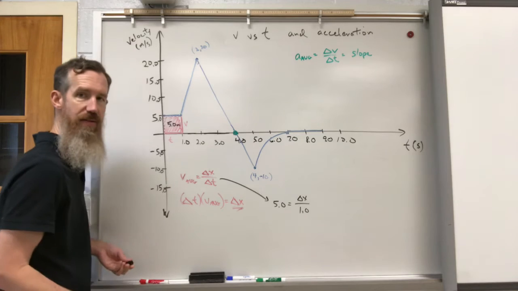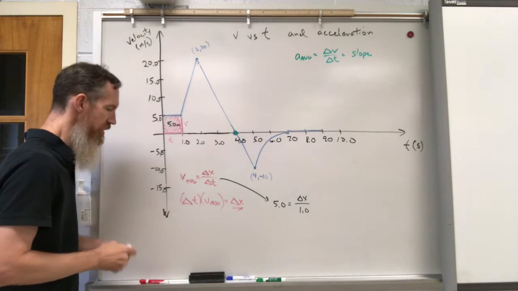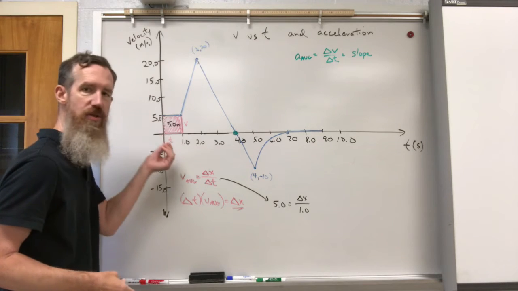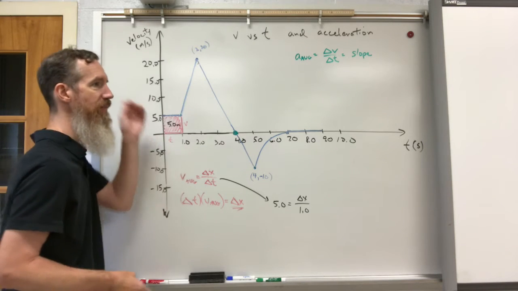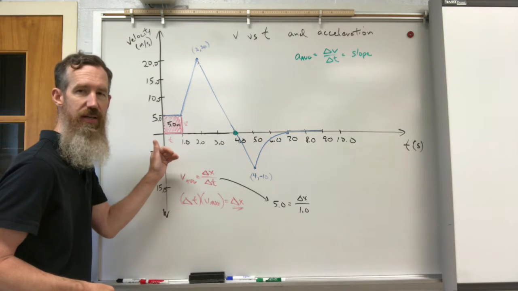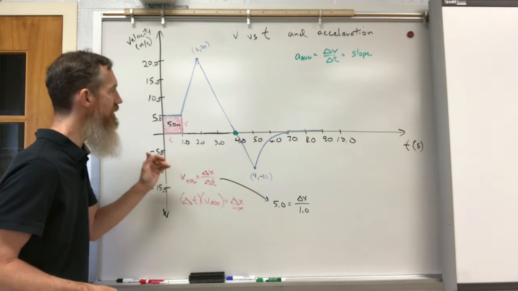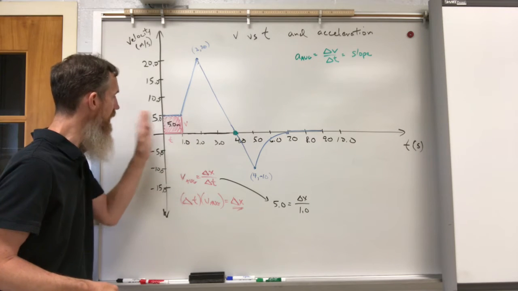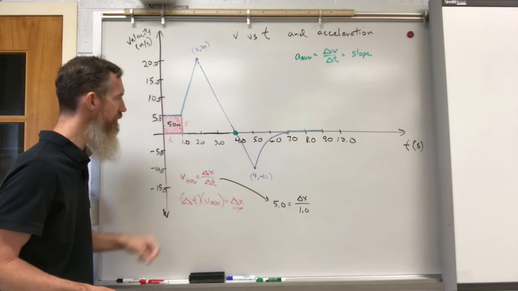It would end up being 5. So that theory of finding the geometric area under the curve from a velocity time graph allows us to find displacement during that time frame. So for the first second, I moved 5 meters.